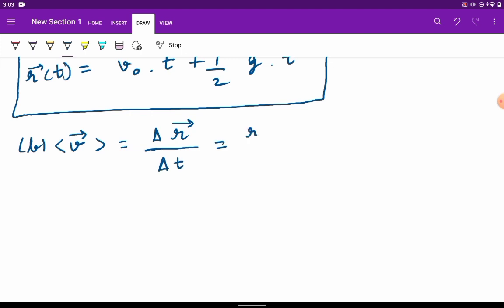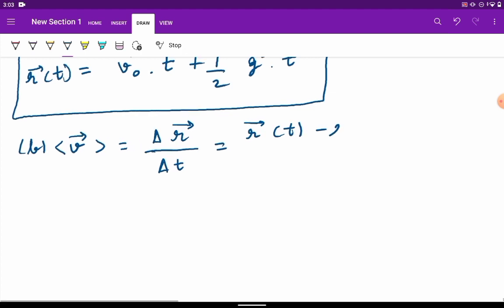So what this means is r at t minus r at 0 divided by t minus 0, right?